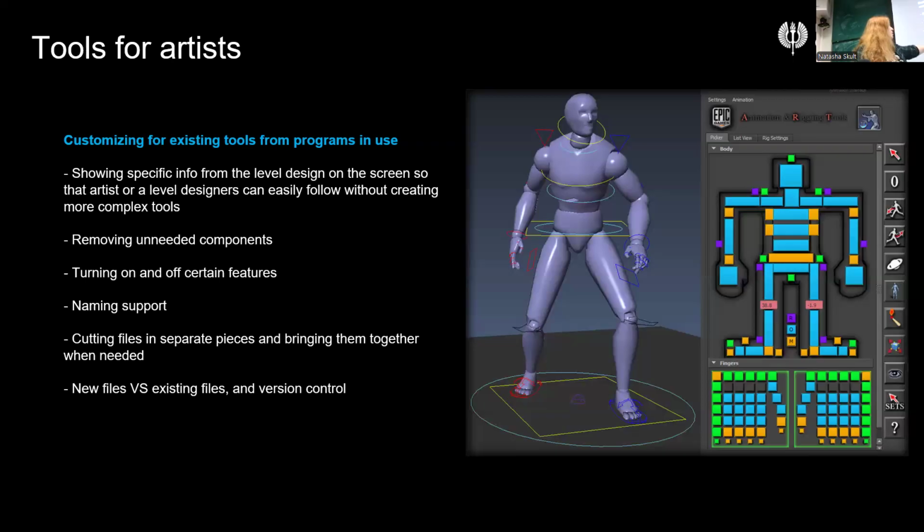And then also cutting files in separate pieces and bringing them together when needed. Now that one is really, really big, because when you think about animations that are being imported from other software, let's say from Blender, Maya, ZBrush, from Spine animation for the 2D, it should work, just plug and go. It never does. So the things you will get on screen with different body parts doing stuff around, it's always fun.